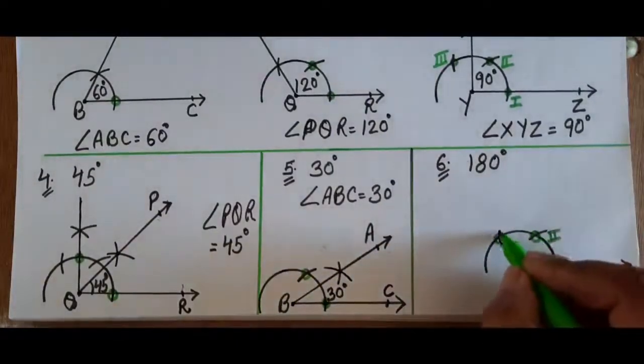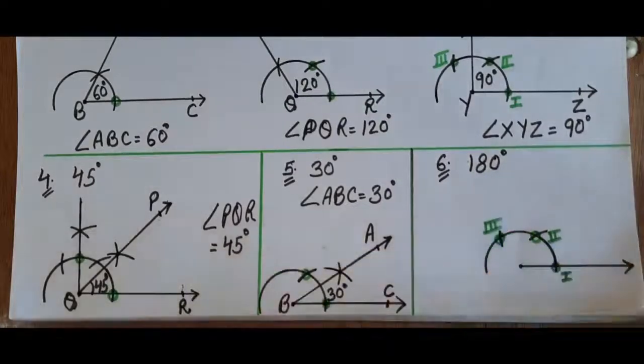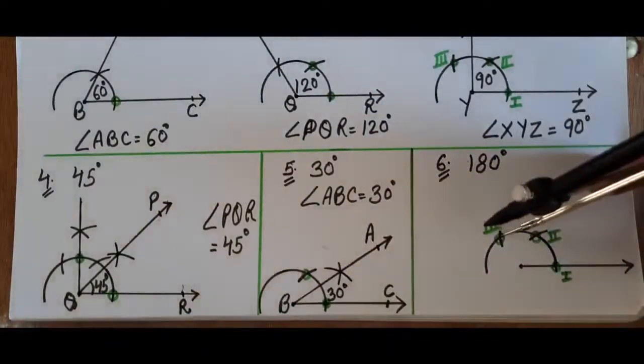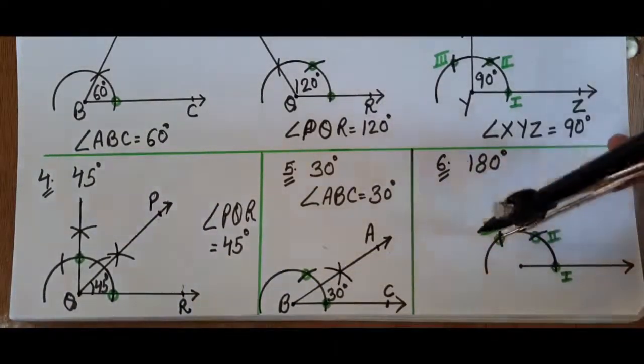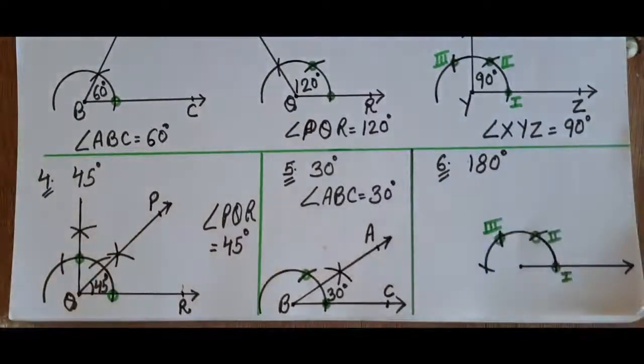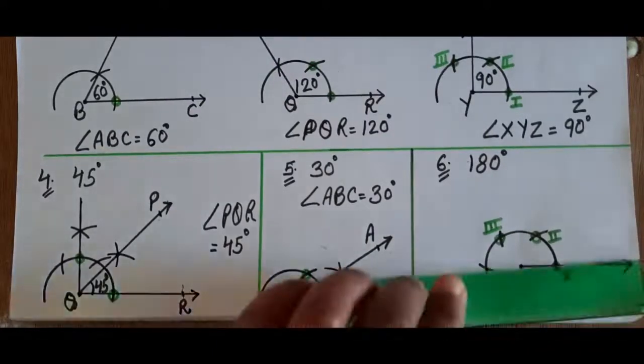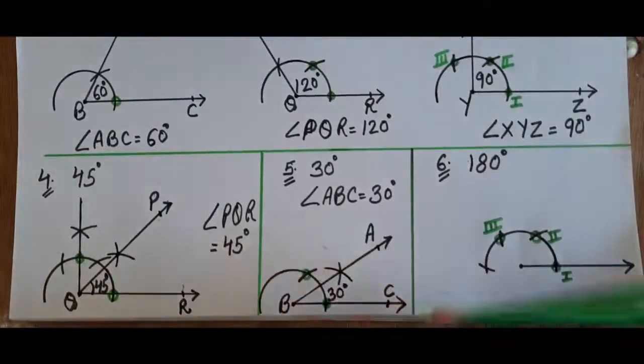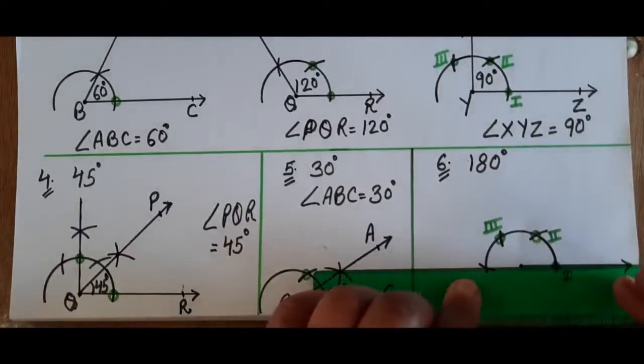Now at last keep your compass point at the third point and cut the arc again on this semicircle only. You will get the arc for 180 degrees. Now join the end point of the ray with this point you get.